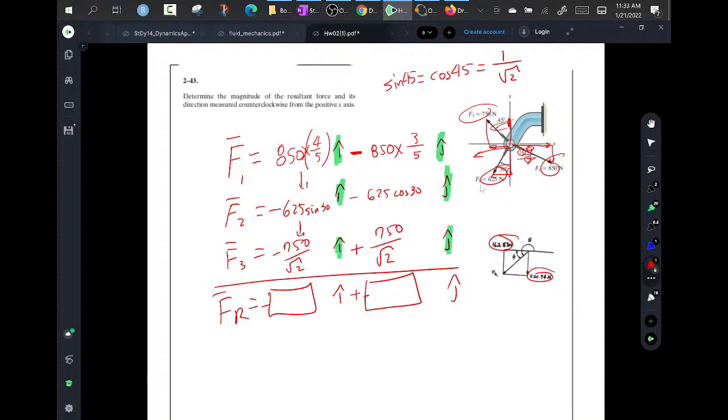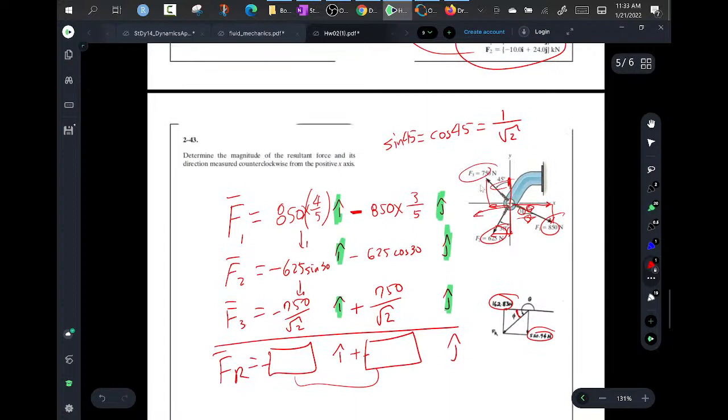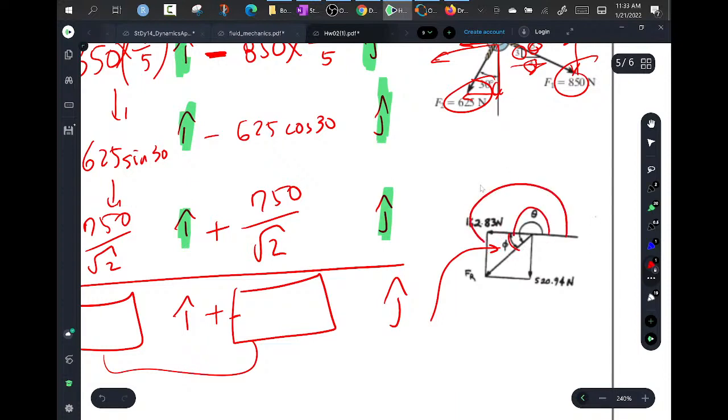So then, if you want to know your angle, you're basically going to do the tangent of these ratios, but you'll have to also be very careful about this because he wants the direction from the positive x-axis, and maybe that's why I left it there, because when you do the arctangent, you're going to be finding this angle, and there's 180 degrees added to that because he wants it from here.